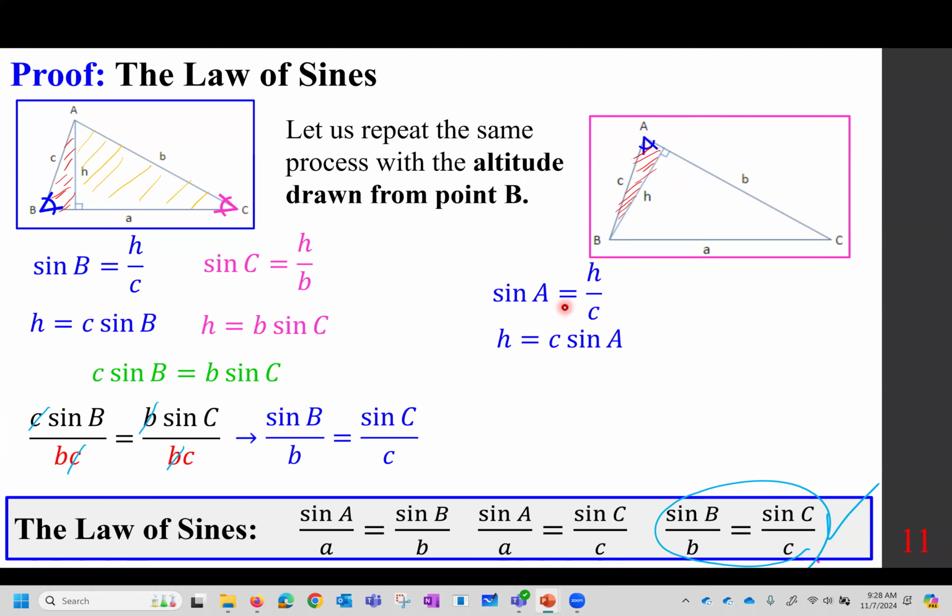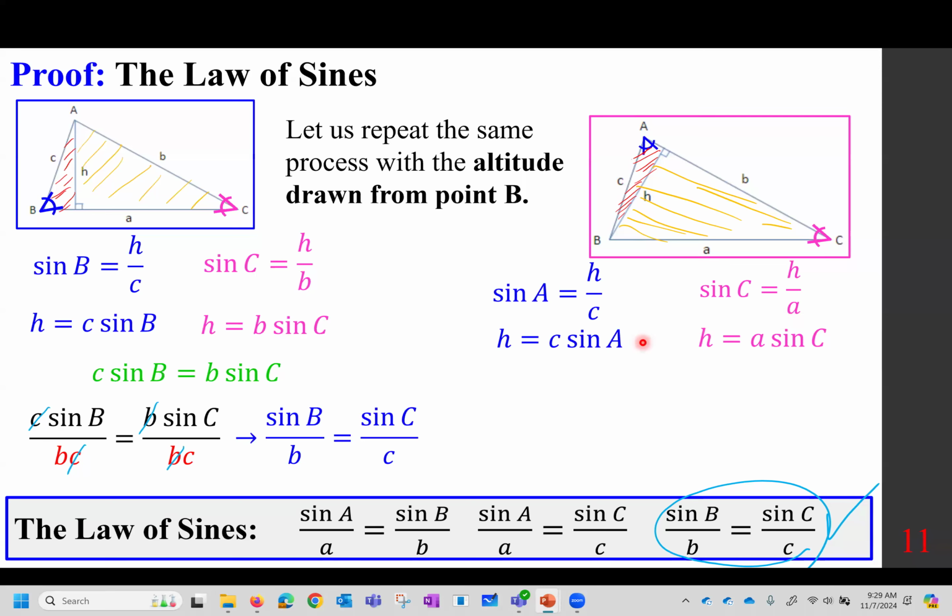Now let's look at this angle. In this triangle, sine of this is the opposite, h, over the hypotenuse. And remember, the hypotenuse is opposite the 90-degree angle, so over a, and h is the product of these two pieces.